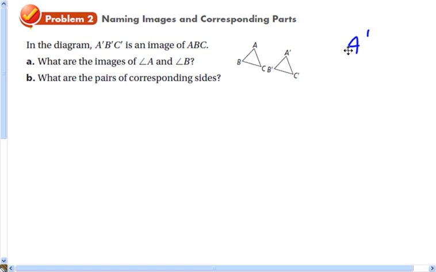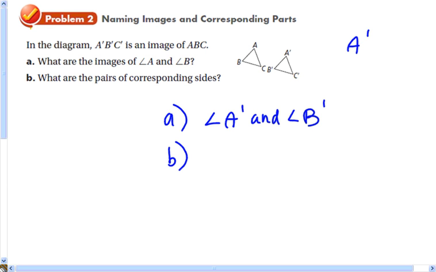So if we look at A, it says what are the images of angle A and angle B? It's pretty obvious here that the image of angle A is angle A prime, and the image of angle B is angle B prime. All right, so this notation helps us immediately know which are the corresponding parts.